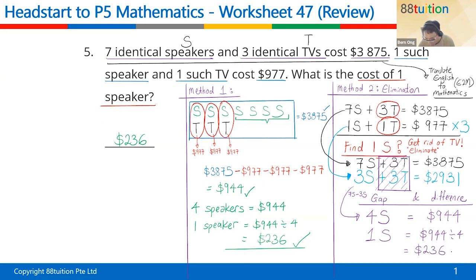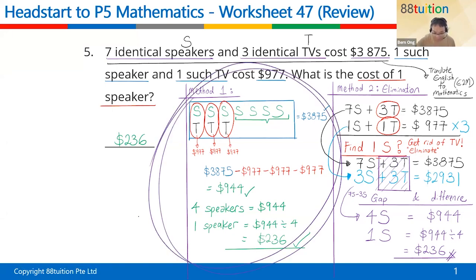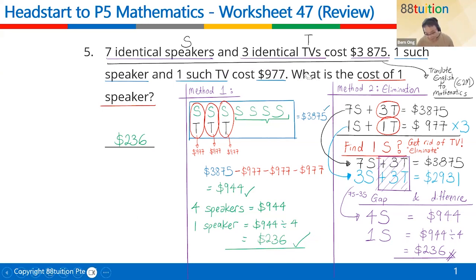Hey, this method is too advanced. I don't understand. It's okay. Stick to a method that you understand, which is method 1. But I'm just saying that method 2 can enable you to do much more questions. Sometimes if the question gives you very nice numbers, you can stick to method 1 and do all this grouping. But method 2 is for the more advanced.